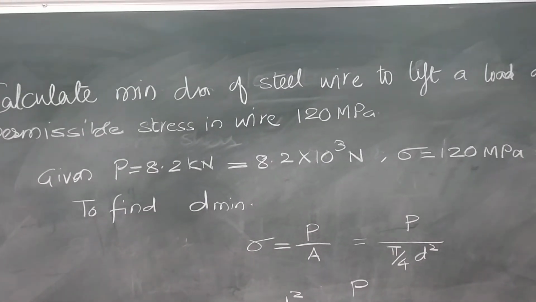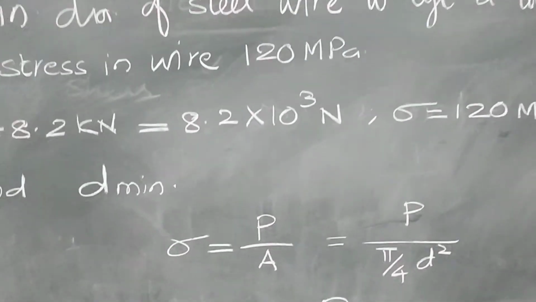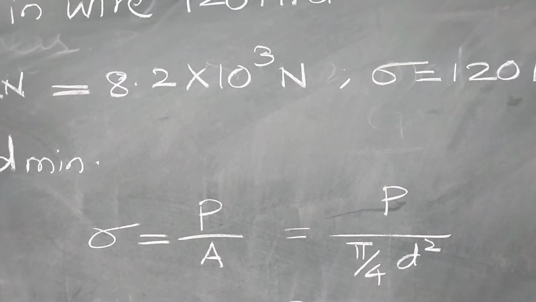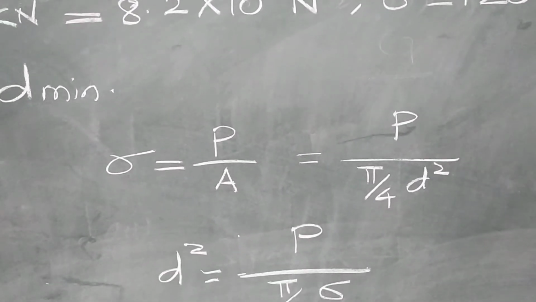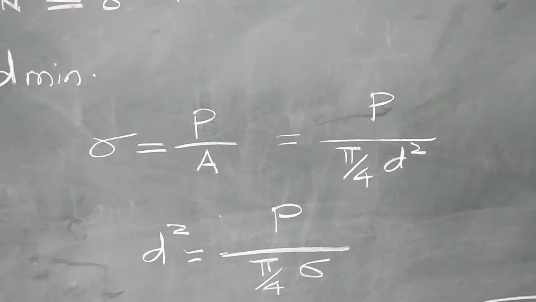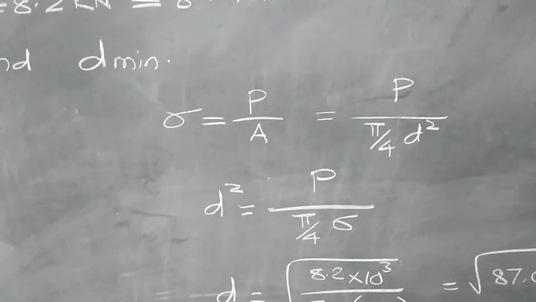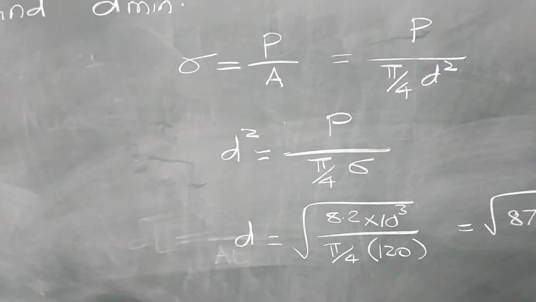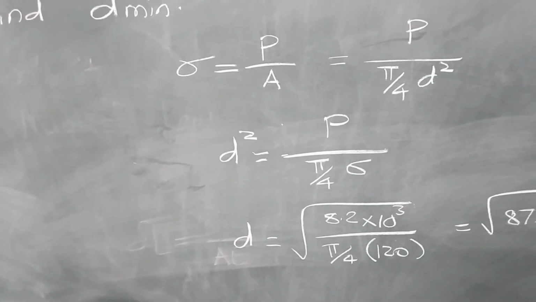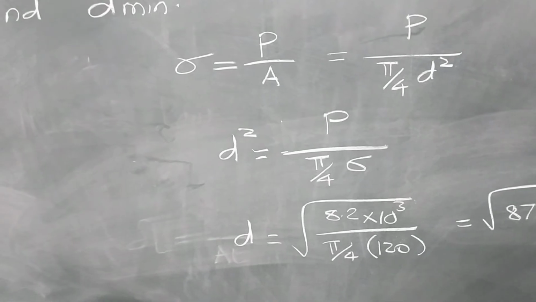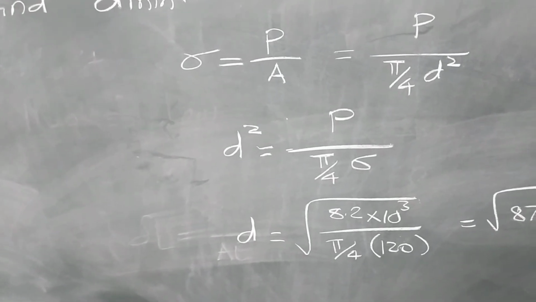Sigma is equal to P upon A, or P upon pi by 4 d square. So d square is equal to P upon pi by 4 into sigma, or d is equal to under root. Put the value: P is equal to 8.2 into 10 raised to 3 and sigma is 120. Solve this problem.